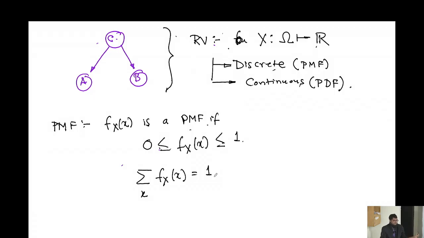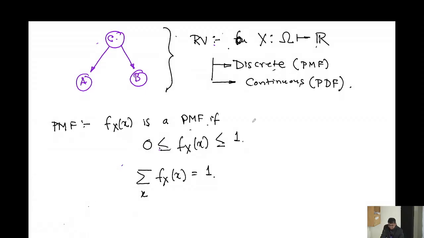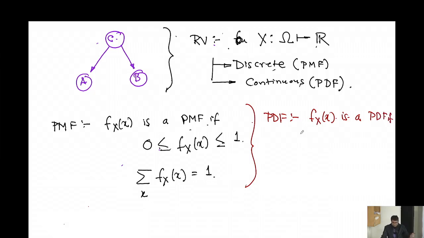Okay, any function. The other one is PDF. Let me use the right hand portion of the slide. If I go to PDF, f_X(x), again it's a function, any function that satisfies these two properties is a PDF if, and I can write IFF, if and only if, that's also fine.